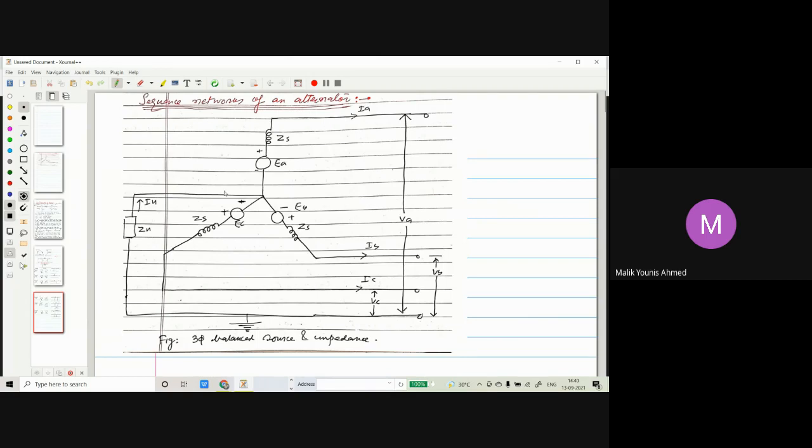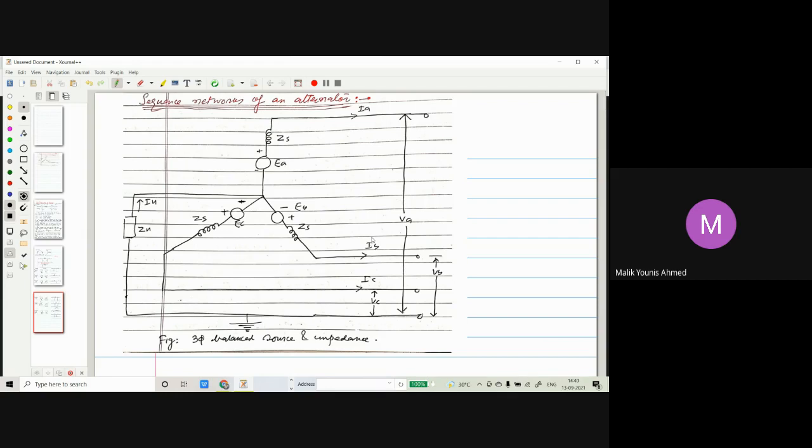Then we have a Zn, a reactance from the neutral. The voltages between the phase and the neutral are VA, VB, and VC, and the currents in the lines are IA, IB, and IC.